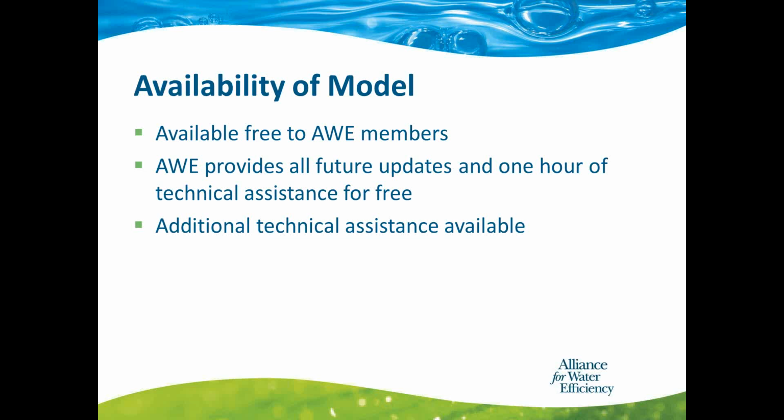And then when we make major updates, we email all the users and let them know about that. We also provide 1 free hour of technical assistance to our members along with the tracking tool. And then if users want additional assistance in using the tracking tool, we're happy to provide that as well.